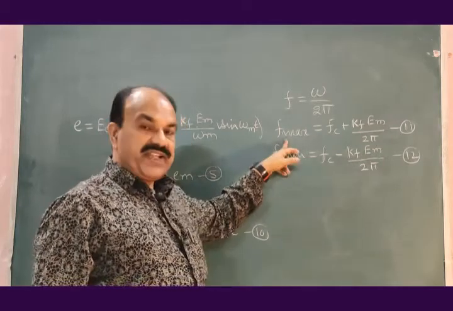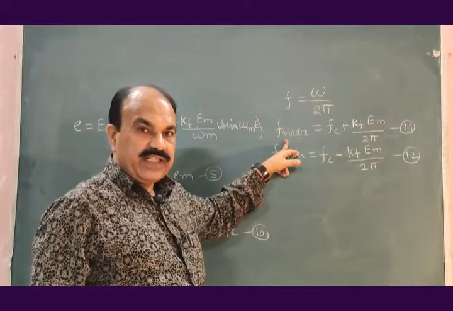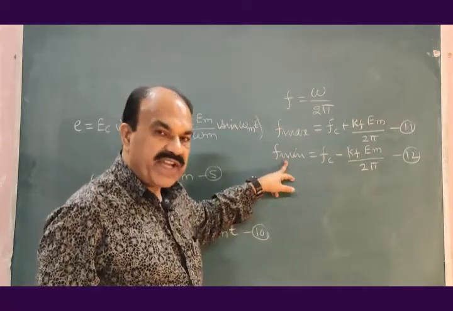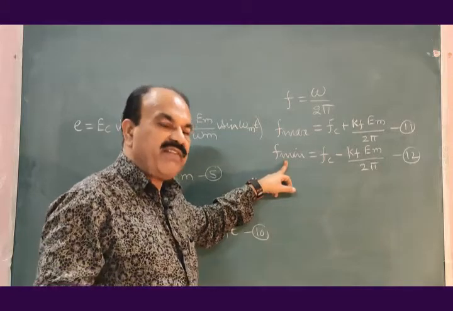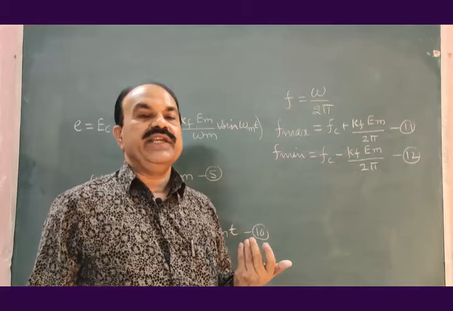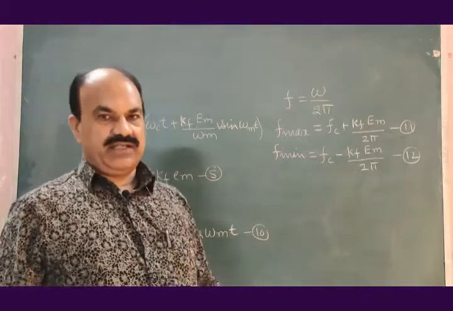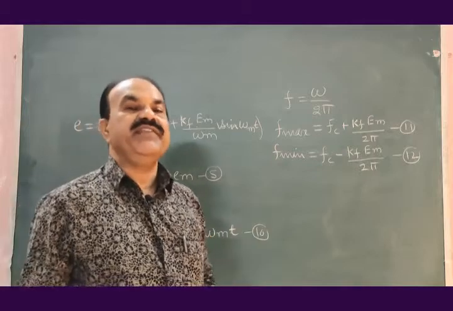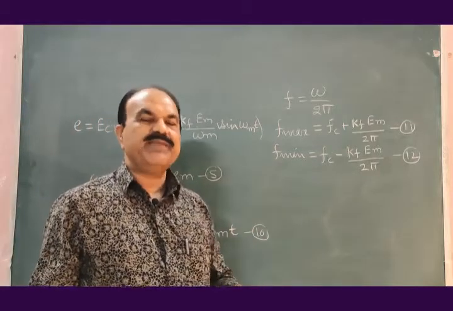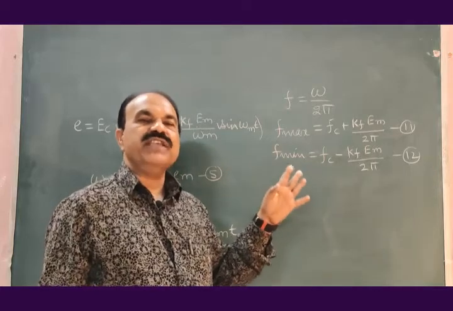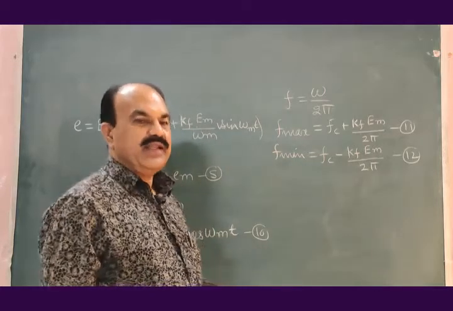We know the maximum variation in the frequency modulated voltage. We know the minimum variation in the frequency modulated voltage. Let us find the frequency deviation, the maximum frequency deviation in the frequency modulated voltage.